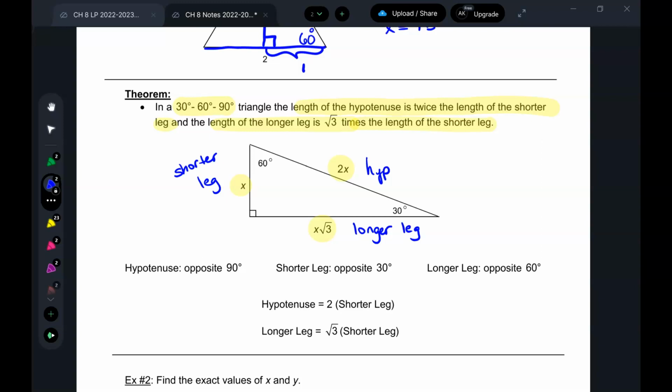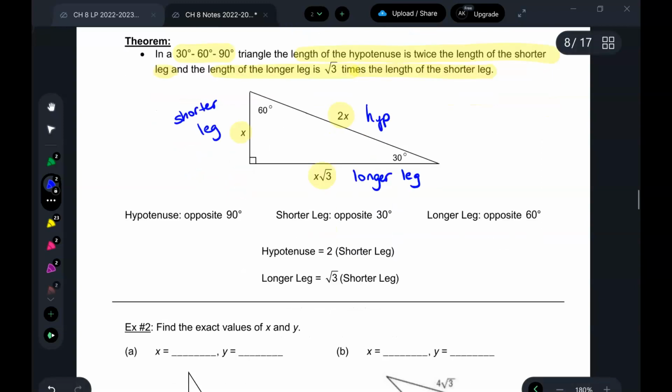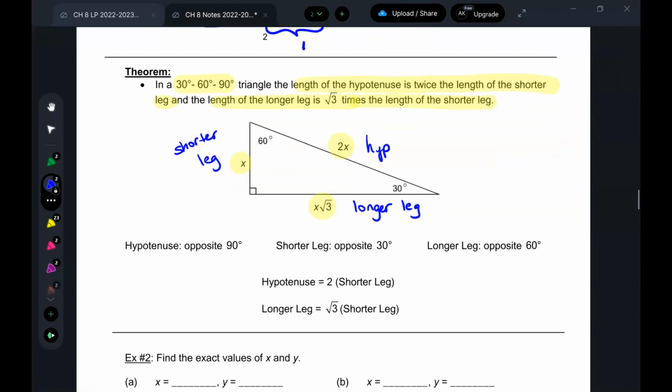So let's say I gave you a hypotenuse that was 16. If this was 16, what would the shorter leg be? 8. And then the longer leg would be? 8 root 3. So if this is 16, this would be 8, and this would be 8 root 3.